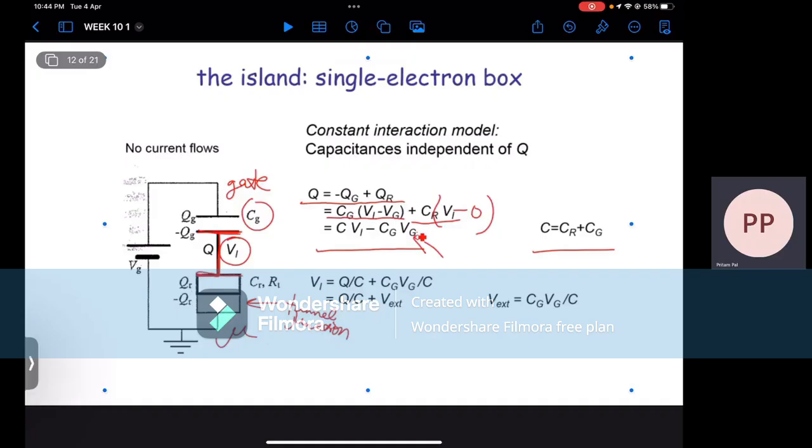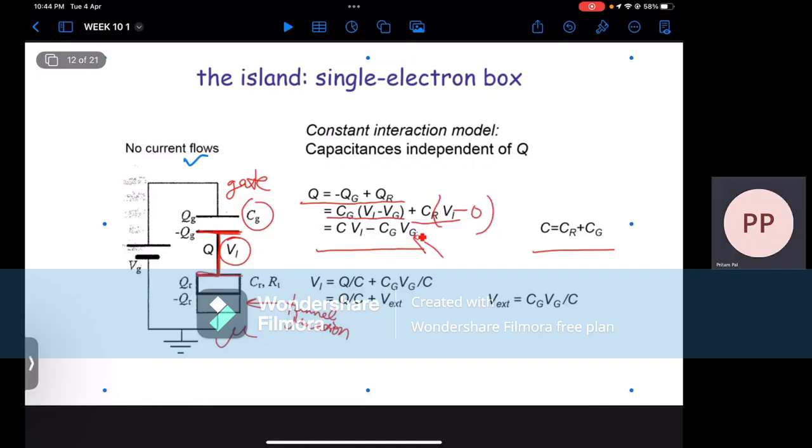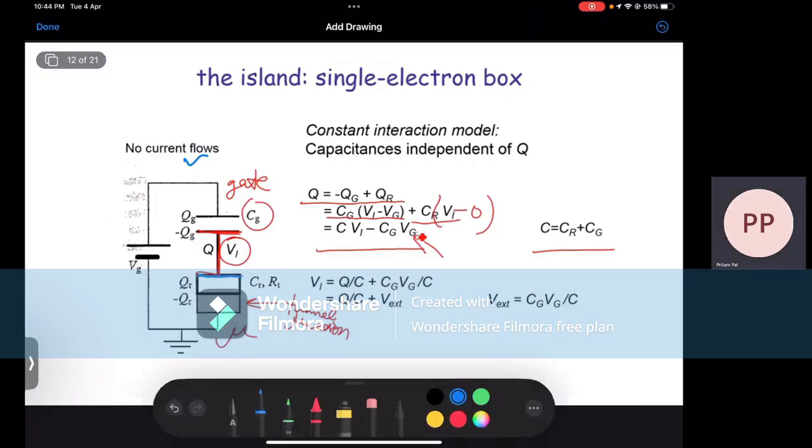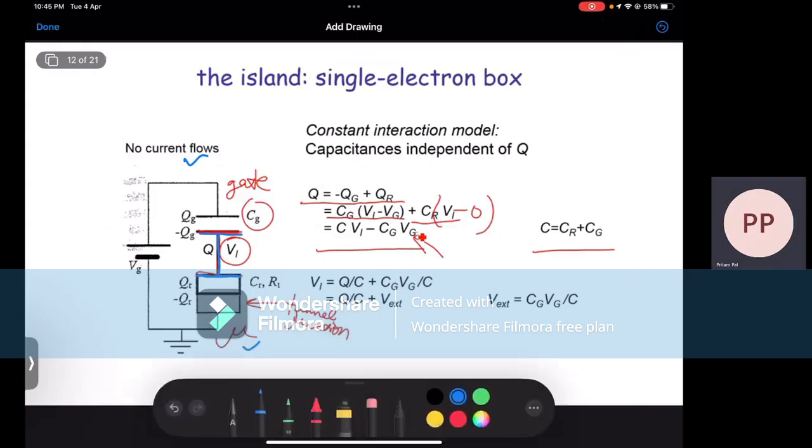In this circuit, focus on this part here: this part is our island, a small volume of a 2DEG, for example. This part here is a gate, which is connected to a battery, and the other side of the battery is hooked up to the 2DEG. So this is a reservoir which has a potential mu.